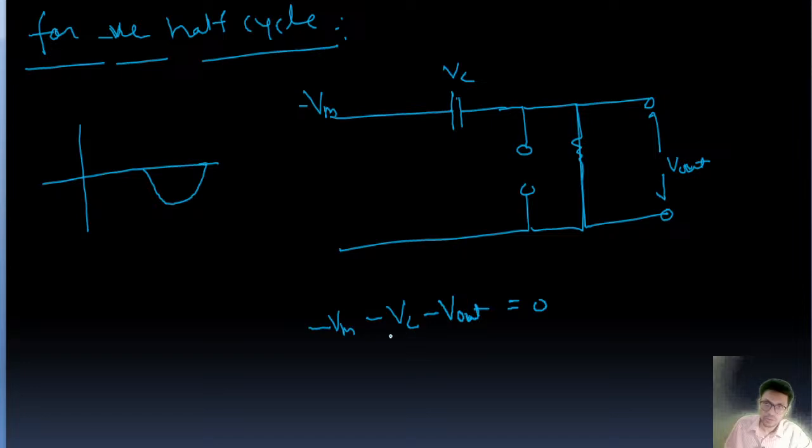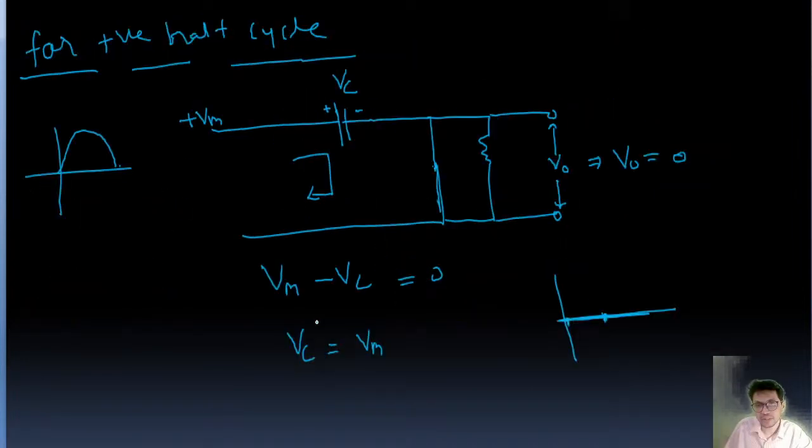Okay, so Vm minus Vc minus V out. So from here, V output is going to be minus Vm minus Vc, and we have already found that Vc value is Vm, right?